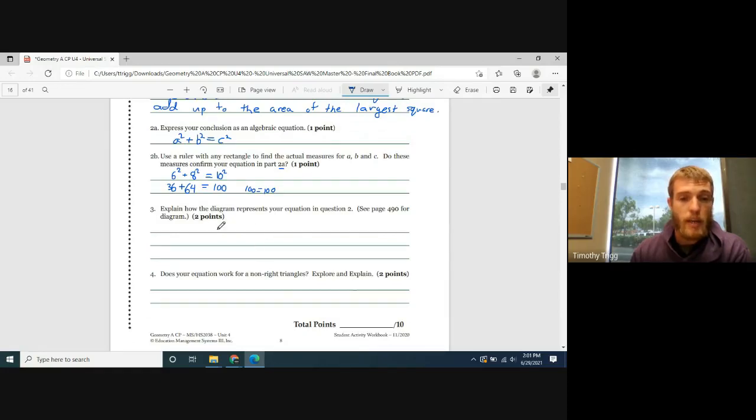Next one. Explain how the diagram represents your equation in part 2. Okay, so for that, if you go to page 490 in your textbook, I'll show you what that looks like. So I'm going to open up the textbook to page 490, and you should do so as well if you have the textbook on you.